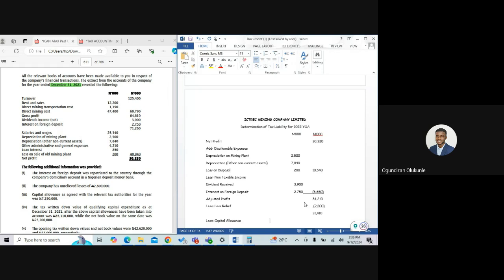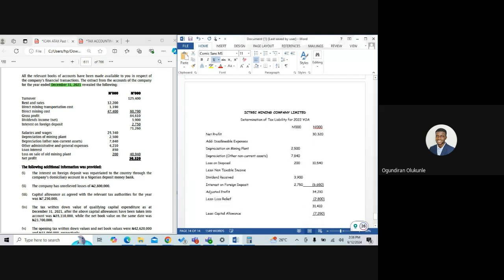How much is the capital allowance? Capital allowance as agreed is 7,250. So what do we have? 24,160. Total profit 24,160.